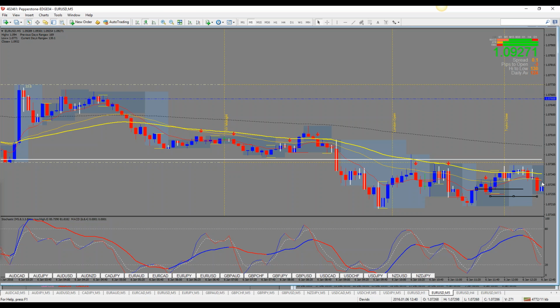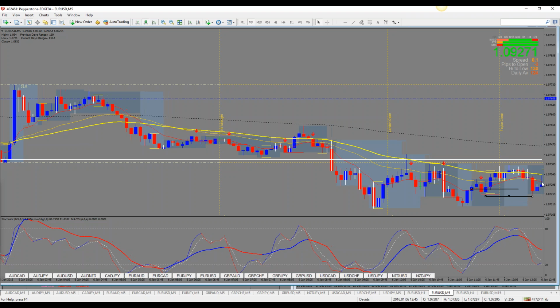I start trading about half an hour after Tokyo close. London opens at 3, so between 4:30 and 5 o'clock is normally when I'm in trading.